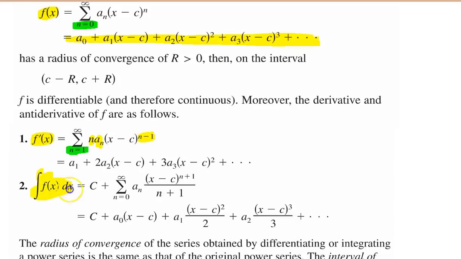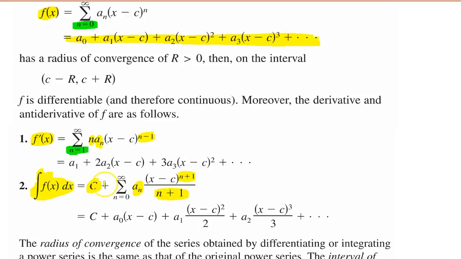Integral of f of x, of course, at the end of integration, you will get an arbitrary constant C. When you integrate that, okay, you're integrating with respect to x, right? a_n is a constant. Add 1 to the power, divide by the new power. Basic power rule for integration.